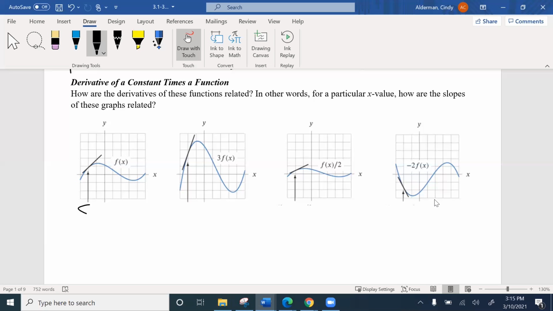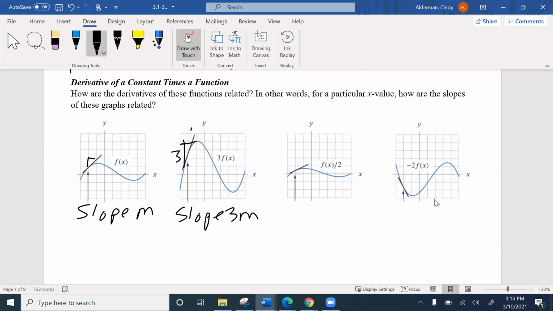So let's say that the slope here is m, okay? And notice that it's going up 1 and over 1. So slope is 1. Remember, slope is derivative, right? Slope here is going to be 3 times m. And where I'm getting the 3 and the 1 is that going from here to here, you're going up 3 and over 1.